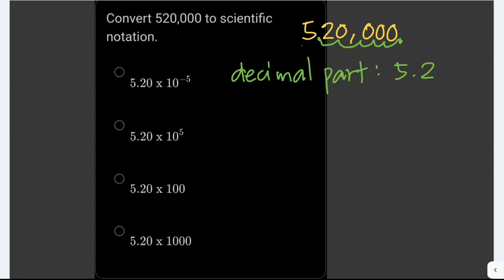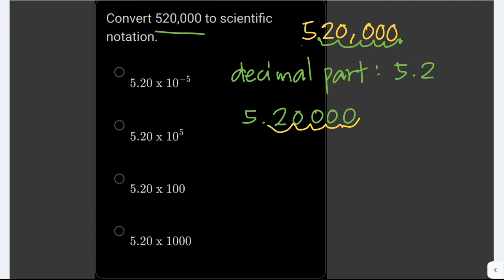Now we write the exponent part, taking note of n, which indicates the number of places moved by the decimal point from its initial position in 520,000. The decimal point here is understood to be at the end of the number, to get to its position in 5.2 or 5.200. Now let's count how many times we moved the decimal point from the end of the number: 1, 2, 3, 4, 5.